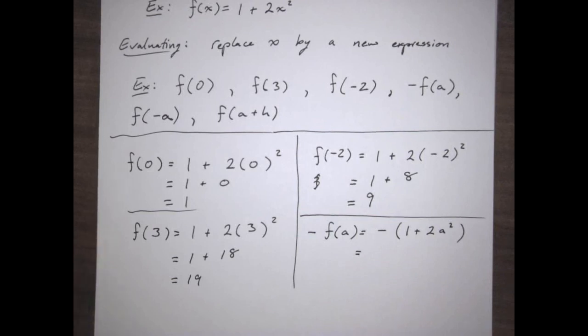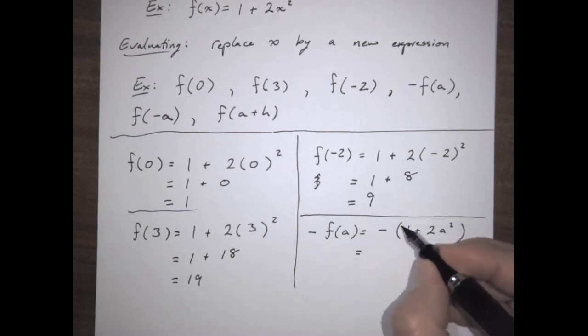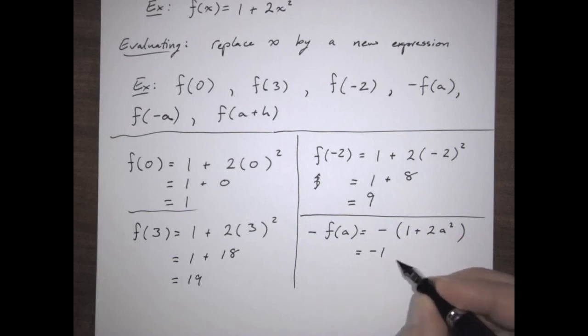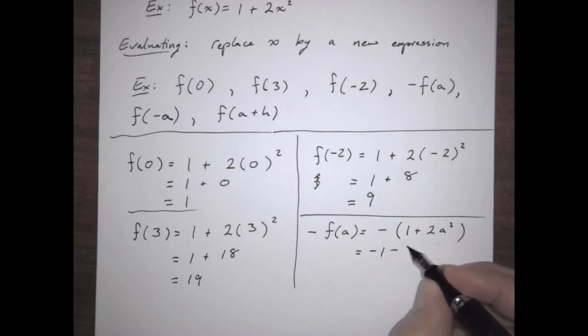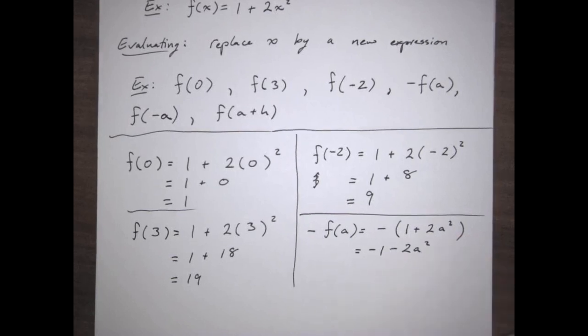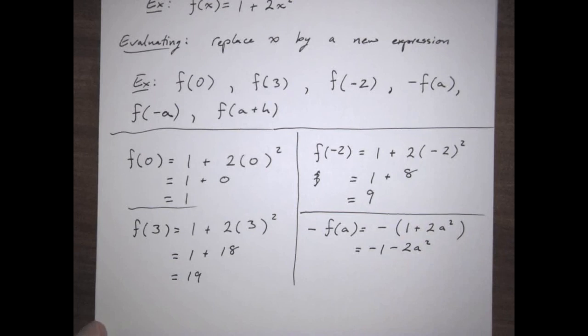Negative, and you'd use parentheses because there's more than one term, so the negative needs to be even-handedly applied to both. And so then we would distribute the negative to make negative 1 minus 2a squared. And there's that.